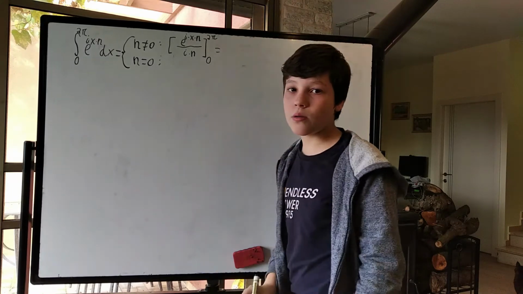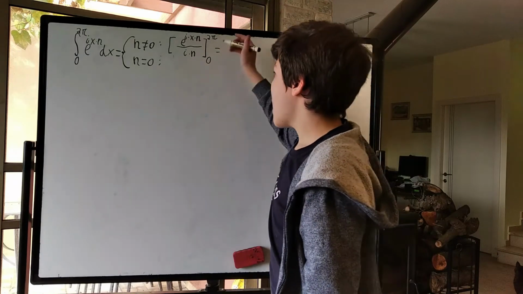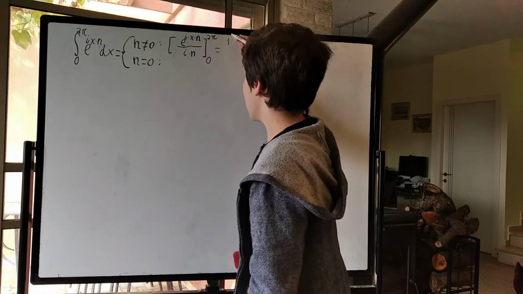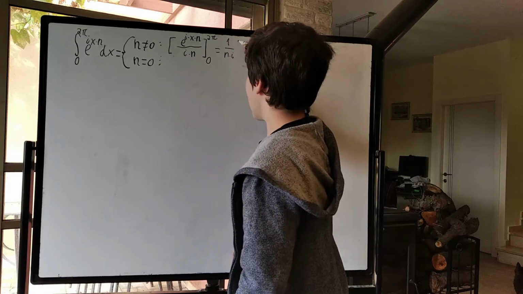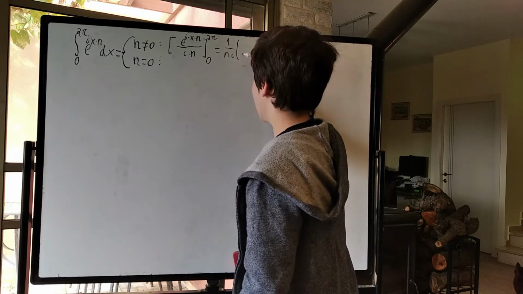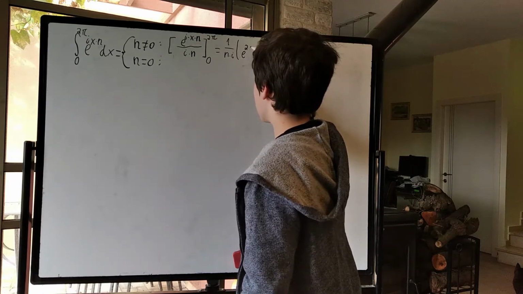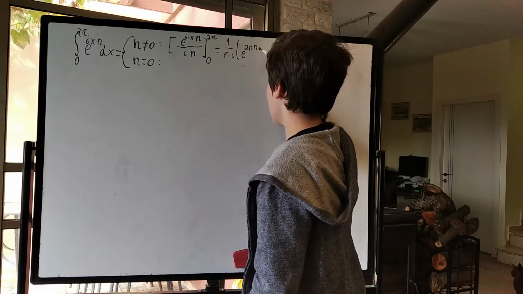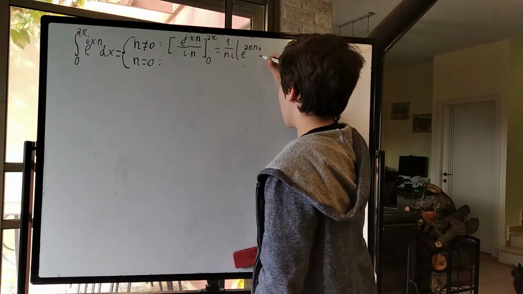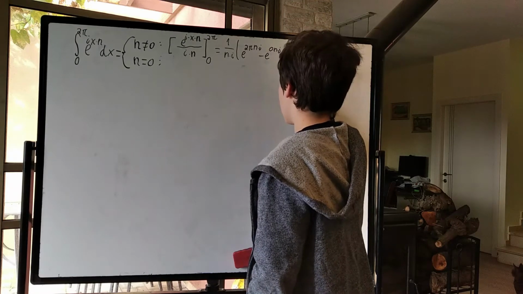Now I will take out a 1 over i times n, and we'll see what we have. We'll have e to the 2 pi n times i minus e to the 0 times n times i.